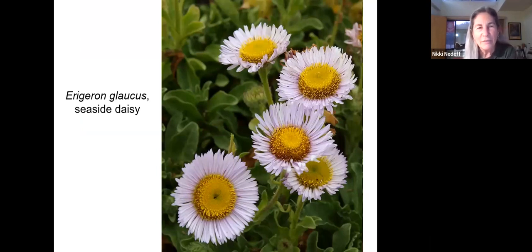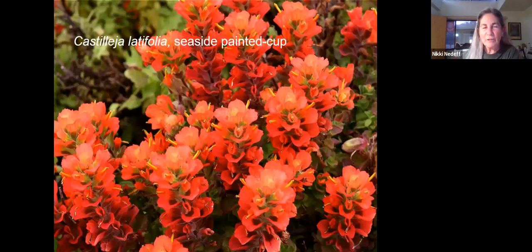Erigeron is a very widespread genus in the Asteraceae family, but Erigeron glaucus is the seaside daisy, with these typical composite flowers with ray florets or ligules and disc florets in the middle, each one going down to a single-seeded ovary like our sunflowers. This is often used in the horticultural trade in landscaping because it's pretty easy to grow.